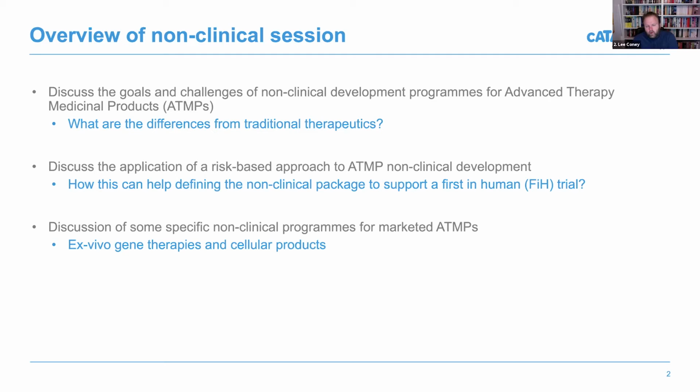But at the center of it all is a really good understanding of the biology of the disease, an understanding of the mechanism of action of your therapeutic, and then you build your risk mitigation profile and your package around that. So that's my short introduction. So yeah, please join me if that is of interest to you.